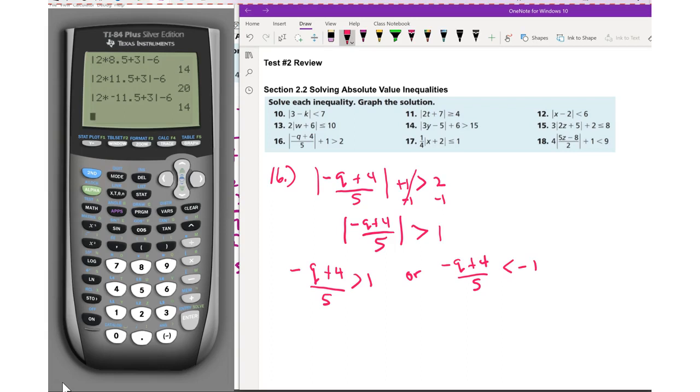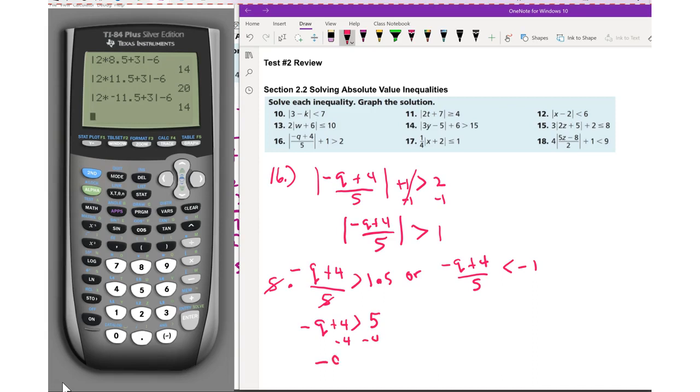So what you're going to do is you're going to multiply both sides times 5. So this 5 divided by 5 is 1. So you have negative q plus 4 greater than 1 times 5 is 5. You subtract 4.